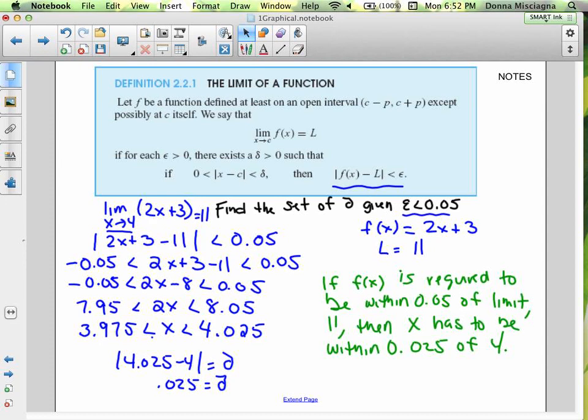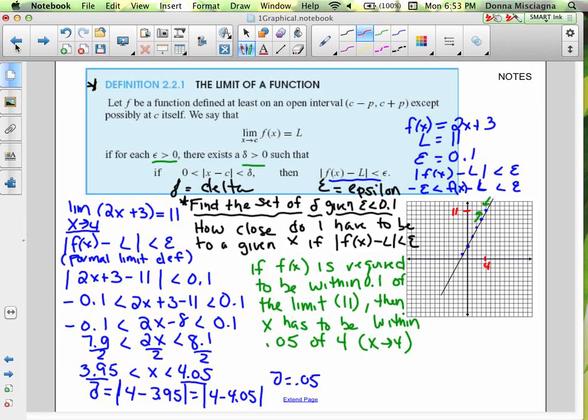We can prove mathematically that the closer we get to our limit, the smaller the delta value is going to be. Now I'm even closer: 3.975 and 4.025 is closer to 4 than 3.95 and 4.05 is.